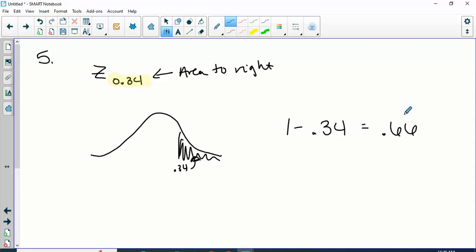And what does that give us? What's the closest we can get? Yep. So if we look, 0.6591 is the closest, and so that is when your z is 0.41. Everybody see that on your table? Okay.